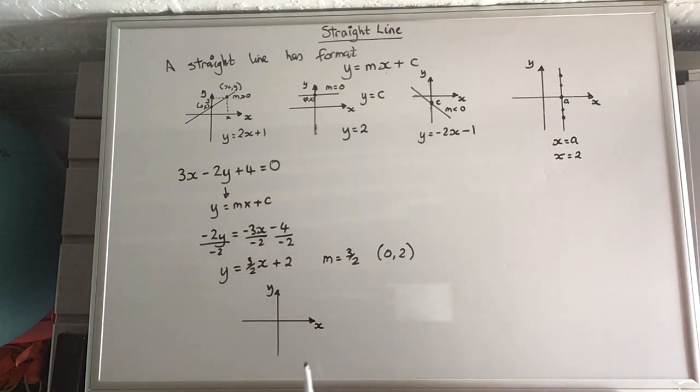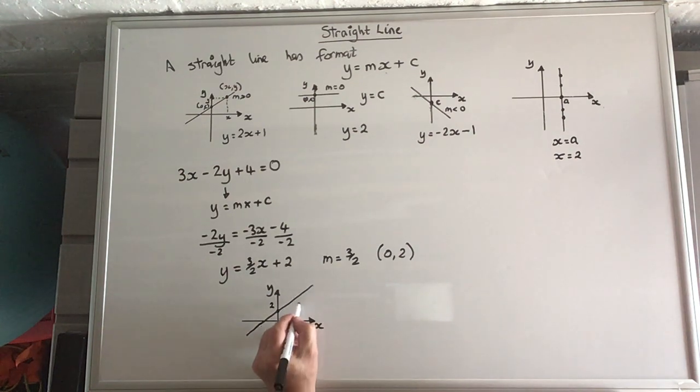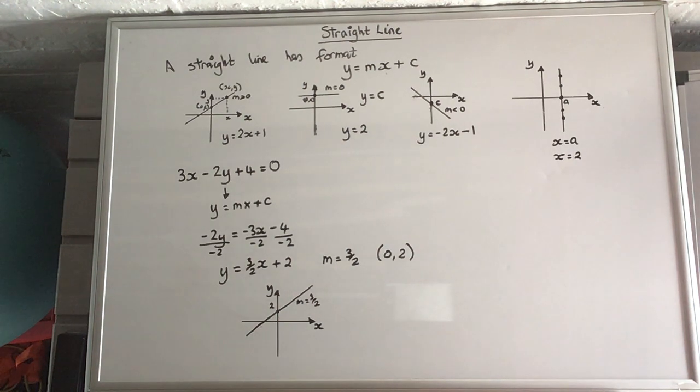Well, the gradient is sloping up the way, so we're going to have to go that way, and it crosses at 2. So identify 2, there's a 2, 0, 2, that's what the y-intercept is, and it slopes up the way. So something like that. And I would just put here gradient is 3 over 2.